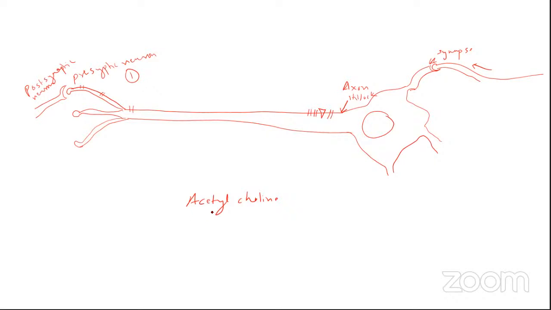And what happens when acetylcholine binds to those receptors? Pardon, please. What happens when acetylcholine binds to the receptors present on the muscle cell?